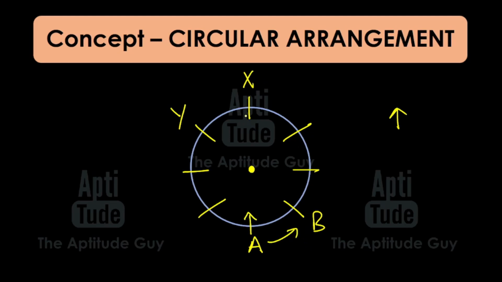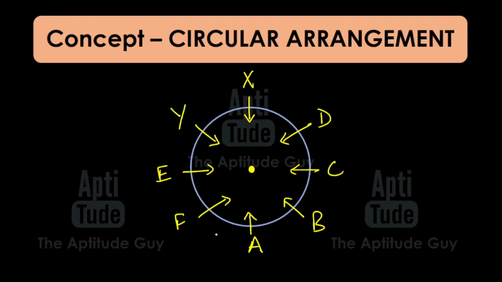X is facing the center, so X is facing south, so X's right is our left. That is what it is. So please don't think about clockwise and anti-clockwise. It's all about facing the center. Sometimes the question will mention that they are facing outward. We have such questions, we will solve them. Okay, let's complete the diagram and do a small rapid fire over here.